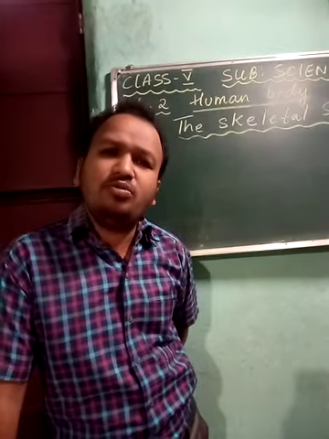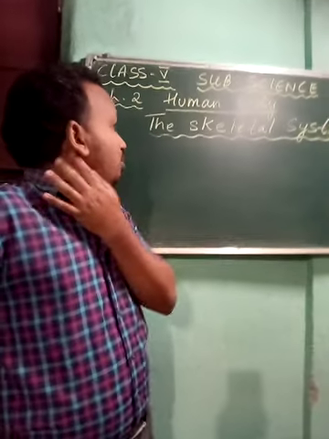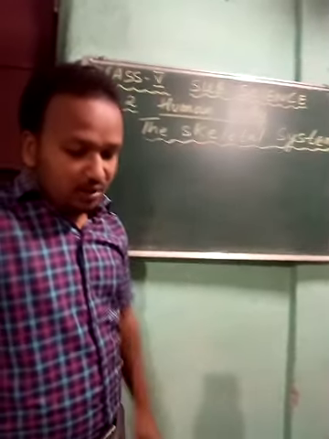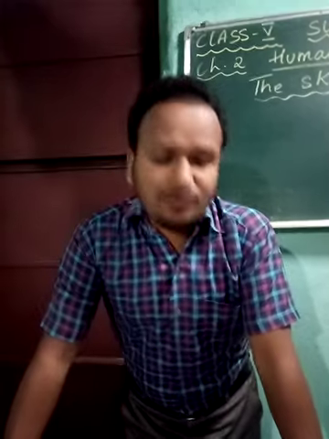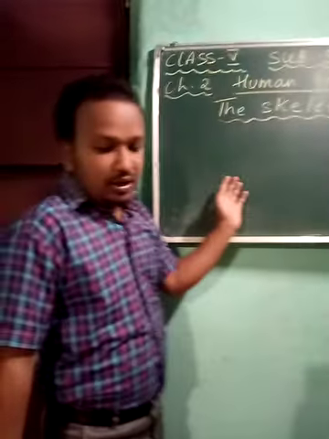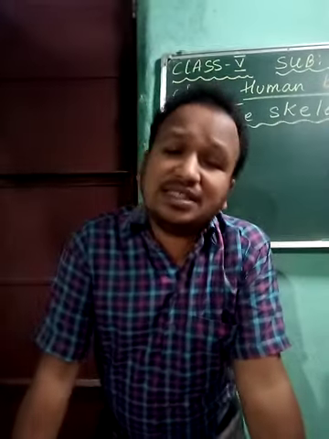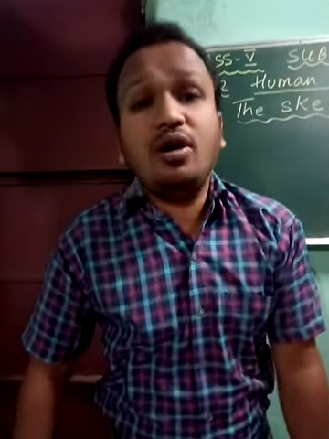We are going to talk about the skeleton system only, and what is the importance of this system. The skeleton system consists of the bones present in our body, and the rigid framework that supports the body. The skeleton system gives a definite shape to our body.